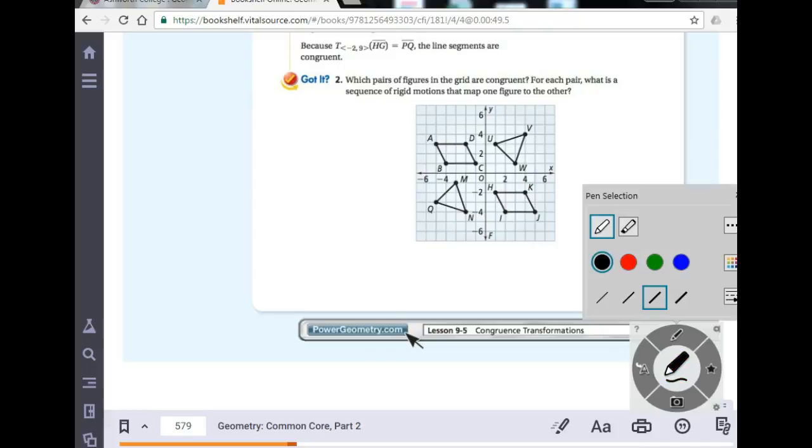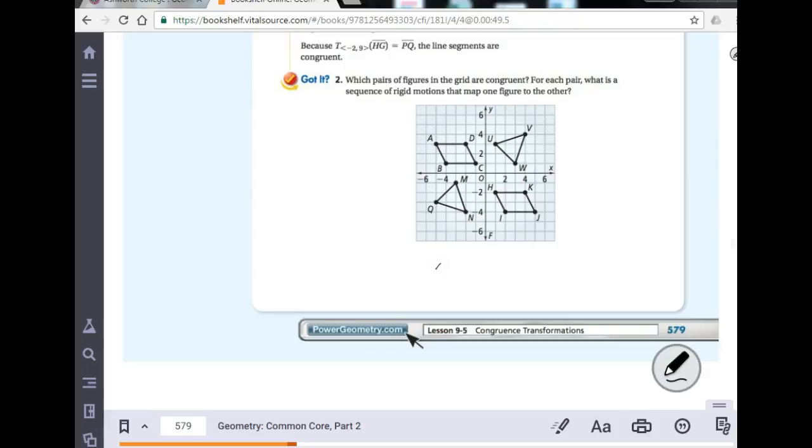So if I were going to write my transformation here, since we're sliding it, if I take this point and go from here down to here, that is 1, 2, 3, 4, 5, 6, so 6 to the right, and 1, 2, 3, 4, 5 down.